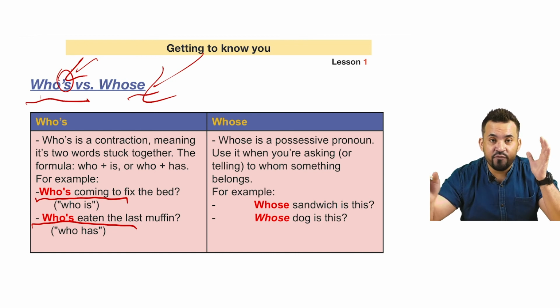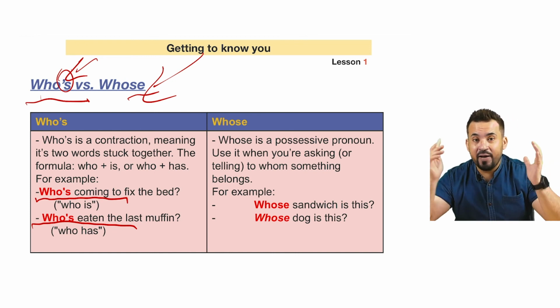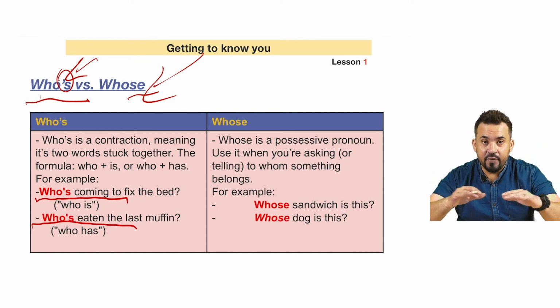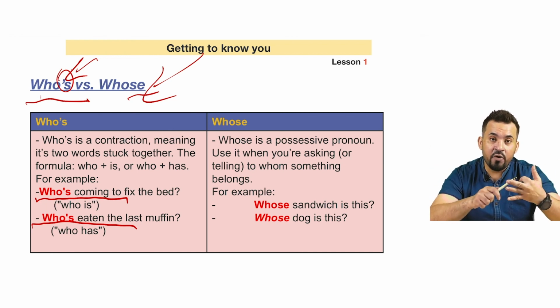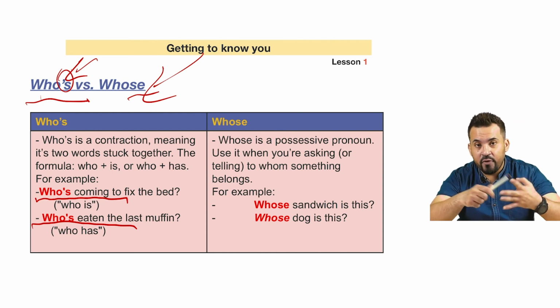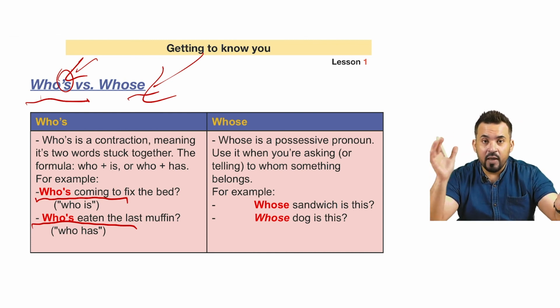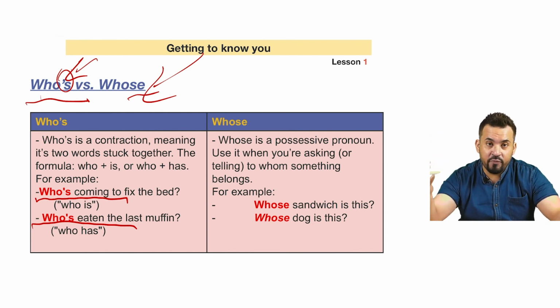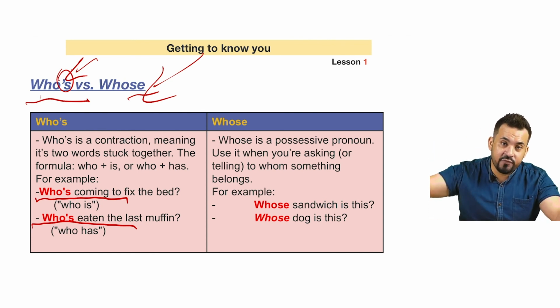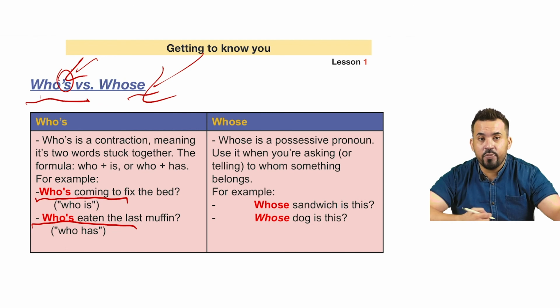If it's a contraction for is, then it's followed by an ing. This is the rule for all verb to be. Is, am, are is always followed by an ing form of the verb. If it is followed by the past participle, which is the third form of the verb, that means it is has, because has is always followed by the past participle, or verb 3.